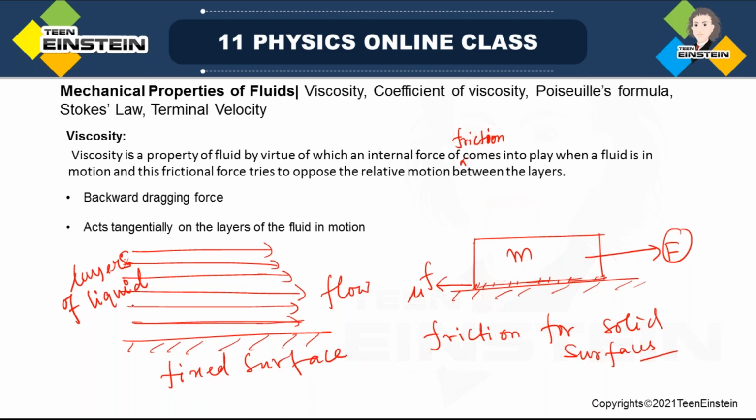One layer of water is this one, another layer is this one, and this one, like that. Now see, these layers have a certain surface area, and when the water or the fluid is in motion, what happens?